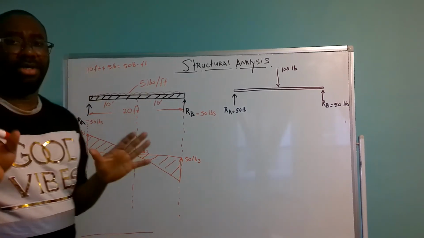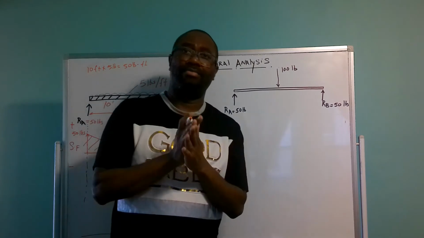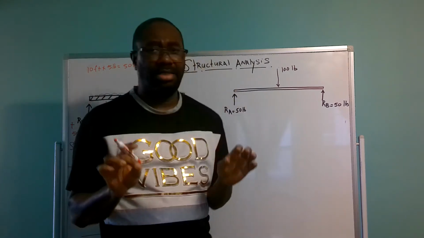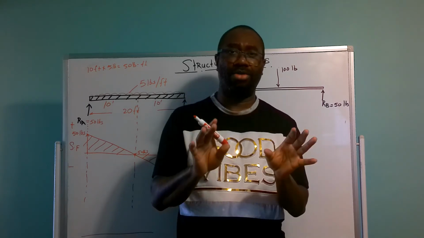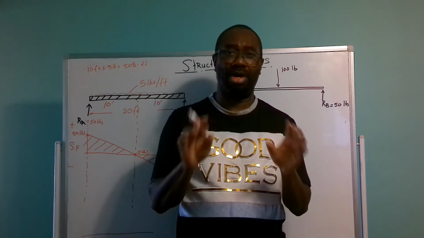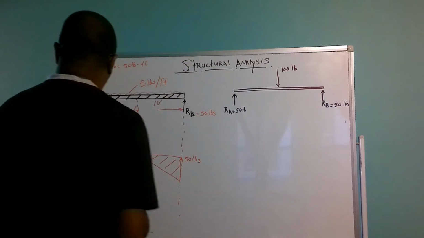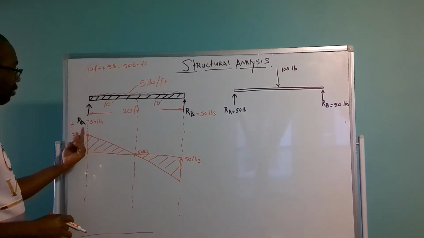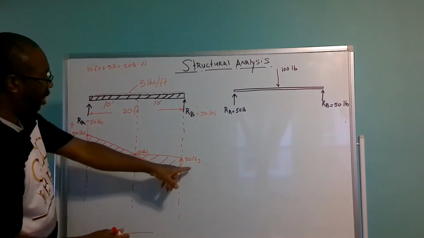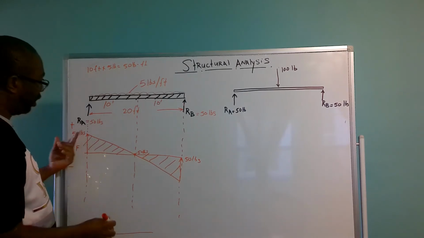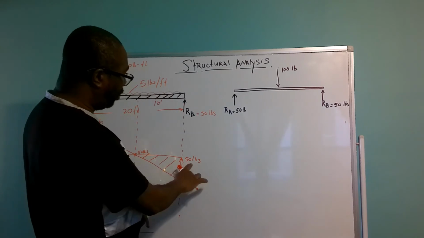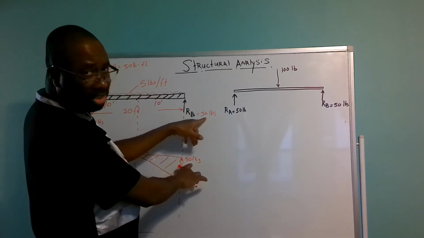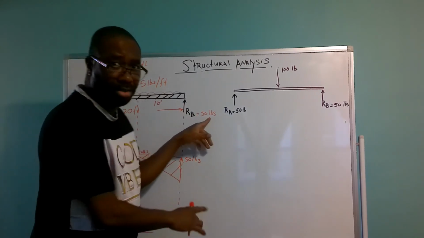Now I want to point out something to you: in the event that you're plotting your shear force diagram and it doesn't close, that means you have done something wrong. When you go up 50 pounds and you come all the way down and you're going back up 50 pounds, this 50 pounds here must equal the reaction of 50 pounds here.